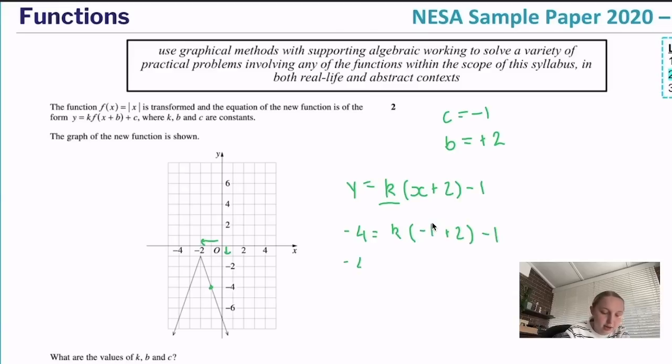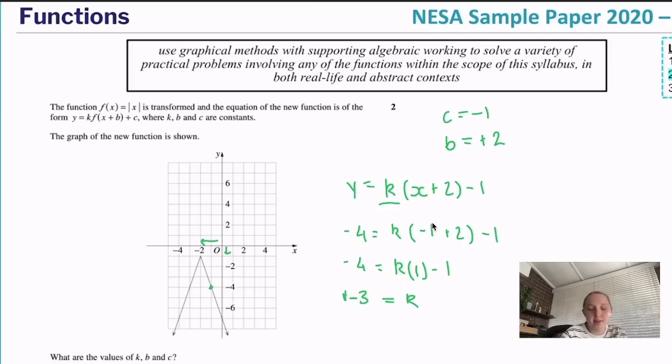So we've got minus 4 is equal to k times by minus 1 plus 2 is 1, minus 1. Then if we add this one across, we get minus 3 equals k. So then we know that our k is minus 3.